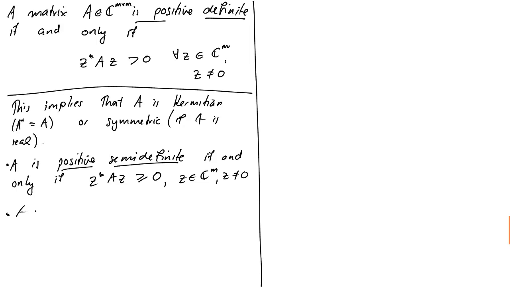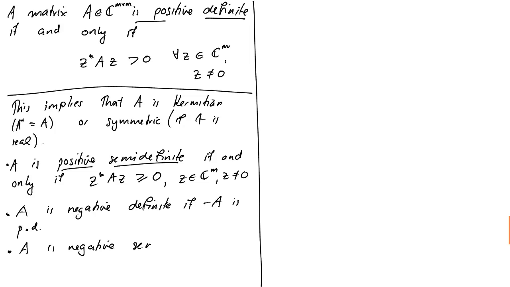A couple of other related definitions. A is negative definite if negative A is positive definite. Okay, I'll often just write positive definite as PD. And likewise, A is negative semi-definite if negative A is positive semi-definite.